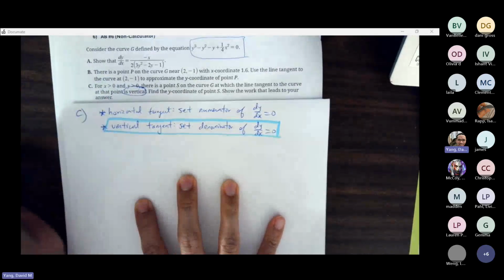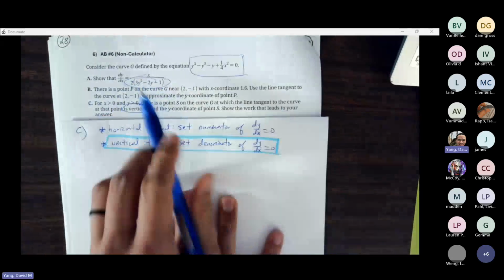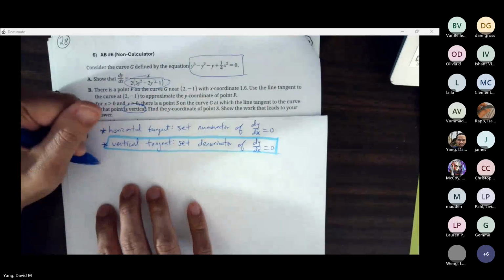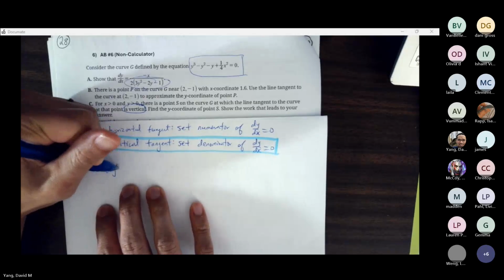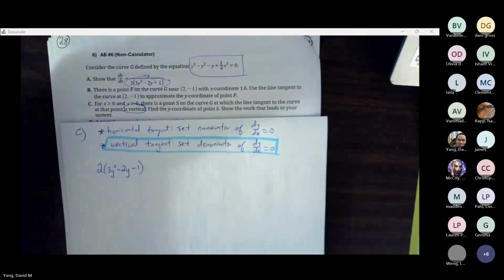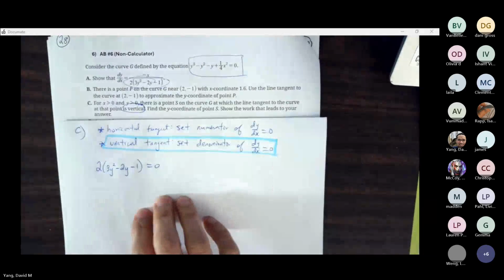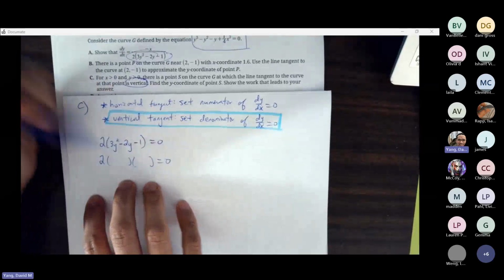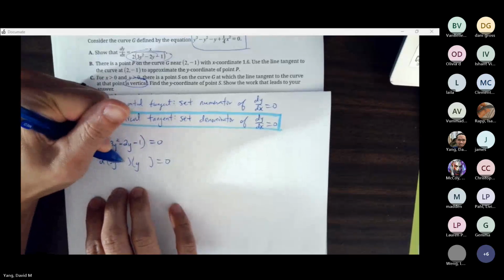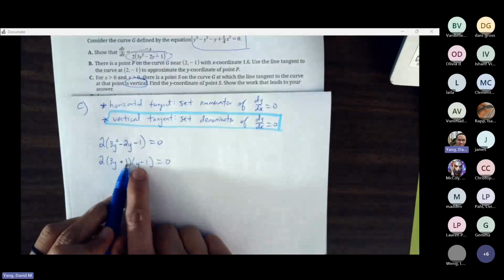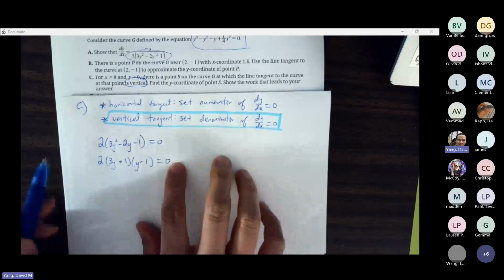Okay, vertical tangent. So we're going to take our attention to the denominator of the derivative, set that equal to 0, and solve for y. If I divide by 2, or let me just, I can just factor this, right? (3y plus 1)(y minus 1), so this is a factored form.